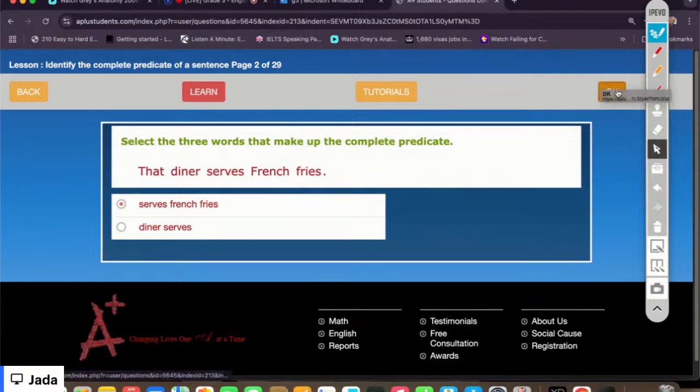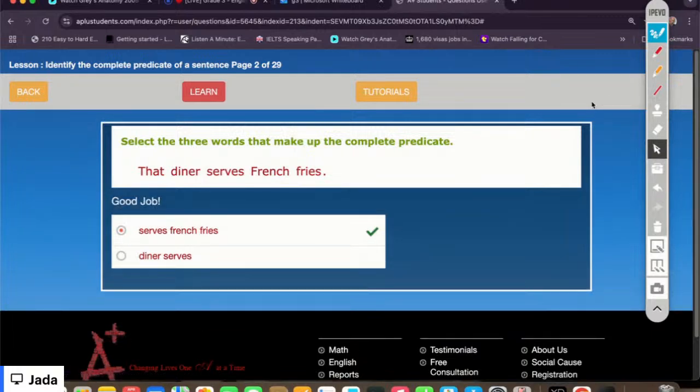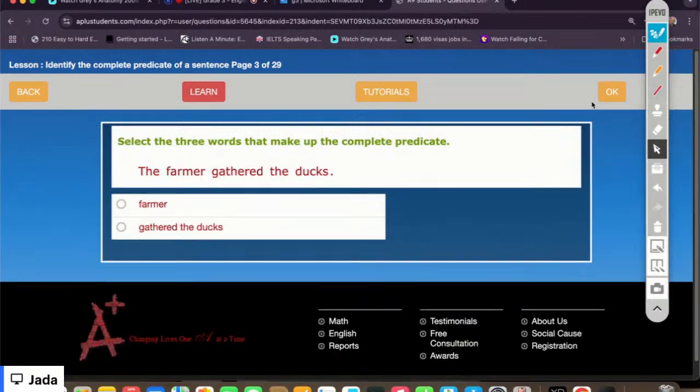The first one. The farmer gathered the ducks.